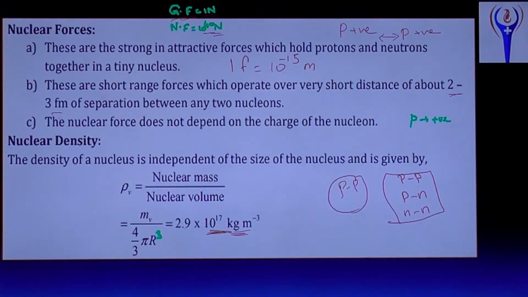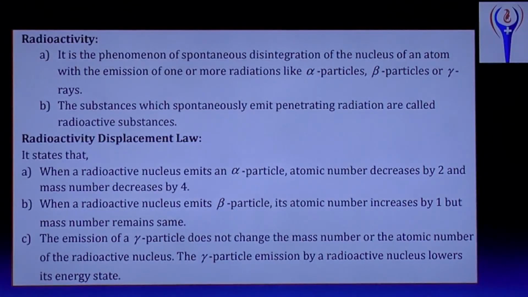Can we move to the next topic? Radioactivity. Radioactivity is the phenomenon of spontaneous disintegration of the nucleus of an atom with the emission of one or more radiations like alpha particle, beta particle or gamma rays.